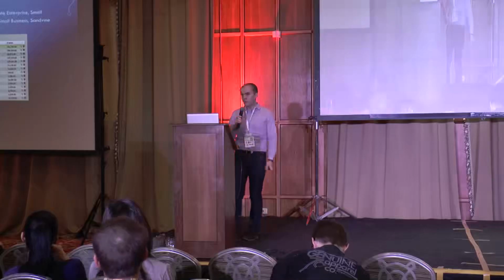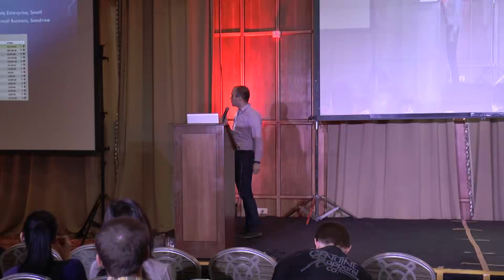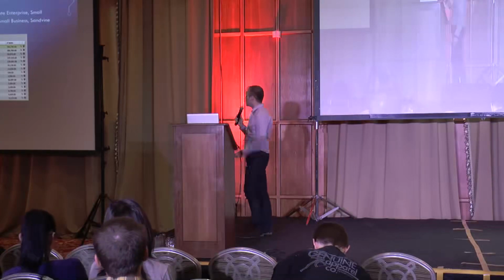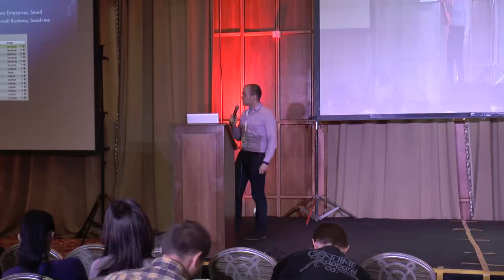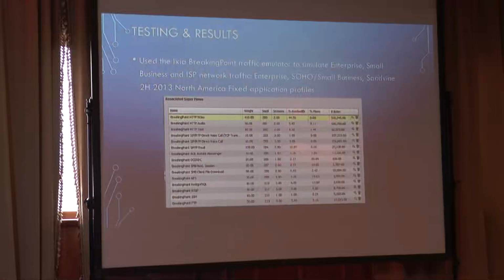Now, for testing and results, we've used the traffic emulator to simulate 3 types of networks. One is enterprise, and we can see what type of traffic flows we typically see in an enterprise on the screen. The other one is a small business, and the third one is an ISP network. So the BreakingPoint traffic emulator can simulate all of the protocols that would typically be present in these types of networks.